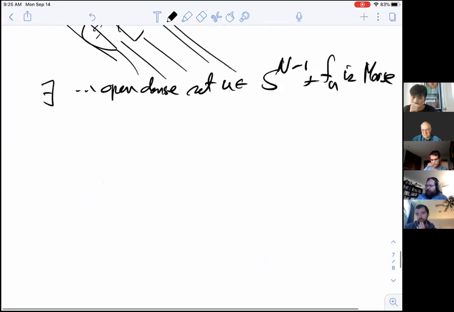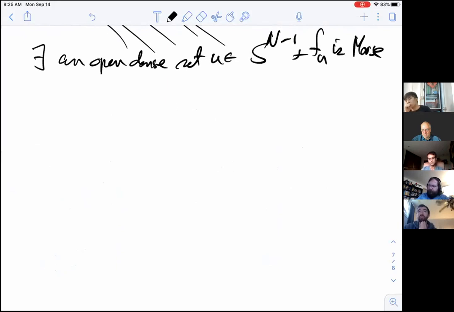So the analog of the density of the Morse functions. These particular Morse functions are dense. Let me just sketch the proof.